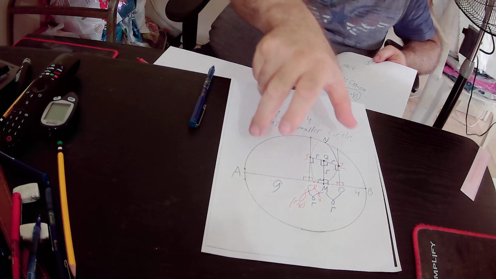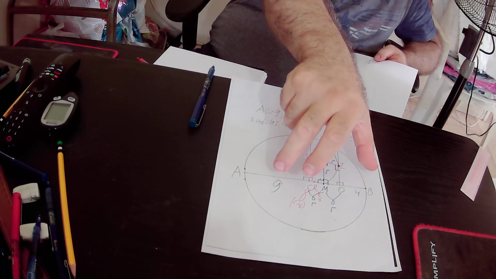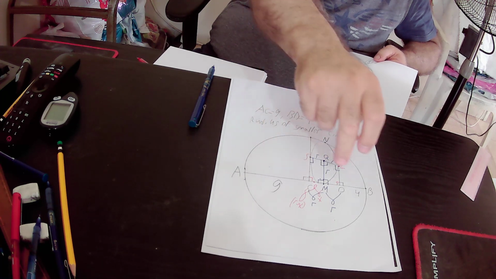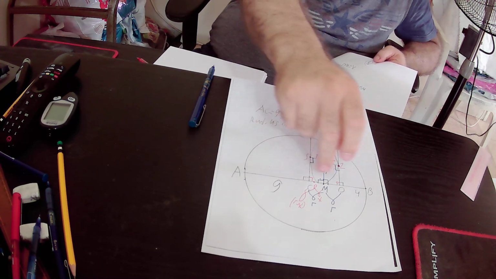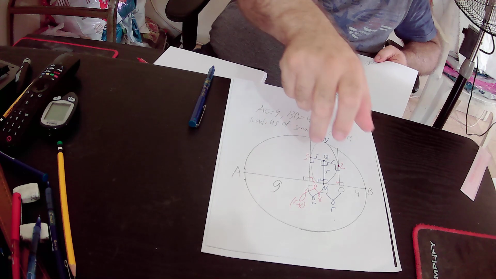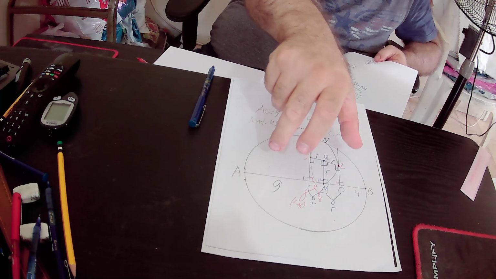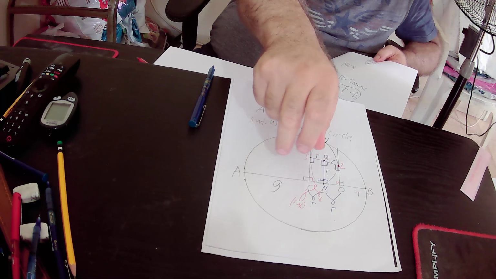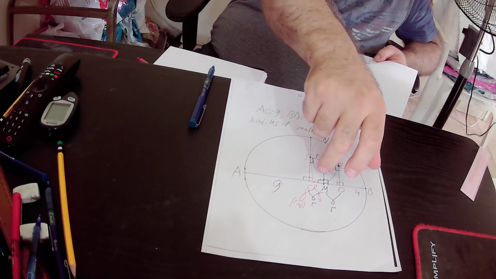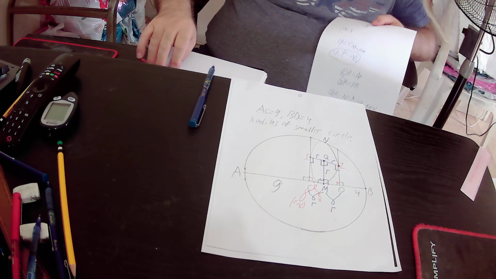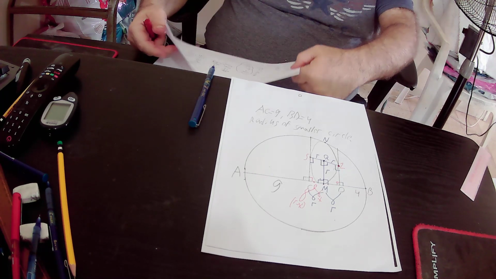Actually, AB, that is the diameter of the big circle, equals R plus R, or capital R plus capital R. So AB equals 2R, that is to say AP, that is capital R, plus PB, that is also capital R. Okay, so PB equals capital R.